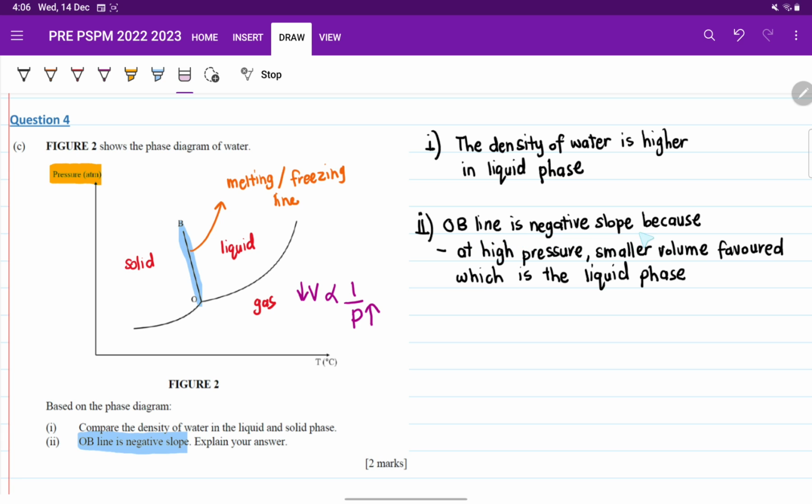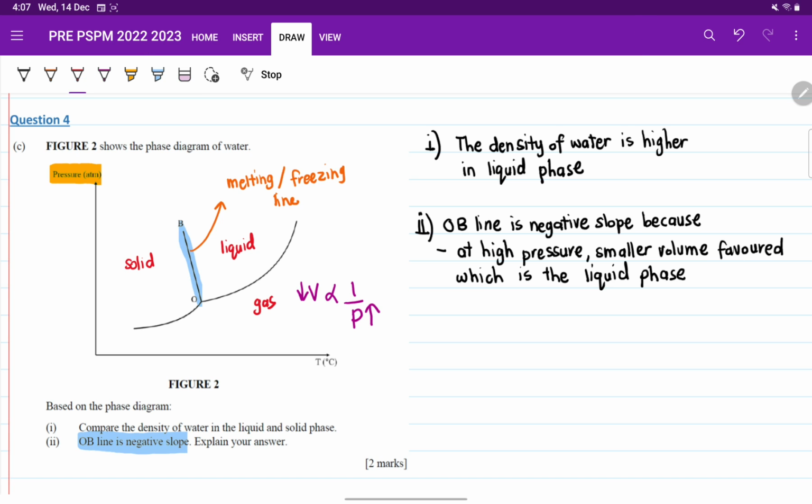So, OB line is negative slope because at high pressure, smaller volume is favoured. So, ini tadi daripada kita punya Boyle's law tadi. Okay, so which smaller volume kita akan refer kepada liquid phase. So, sekarang kat sini kita compare between solid and liquid. Okay, so that's why liquid phase will have a smaller volume. Okay, so that will be the answer for question 4C2.